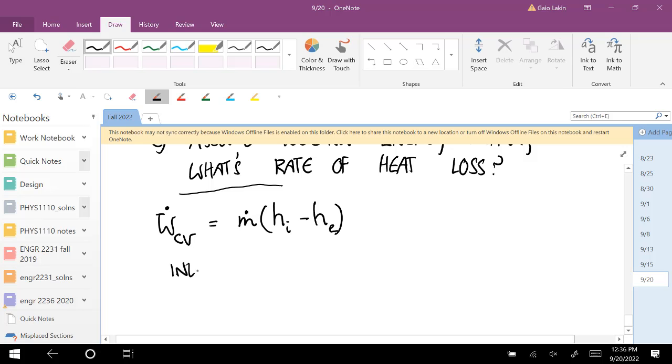So at the inlet, at a pressure of, what did I say that was? 60 bar and 400 Celsius.